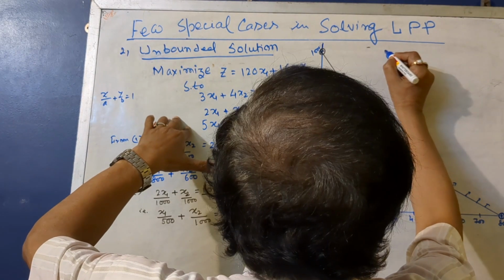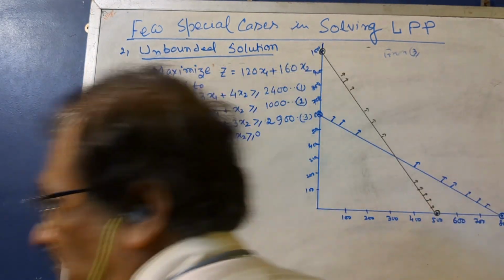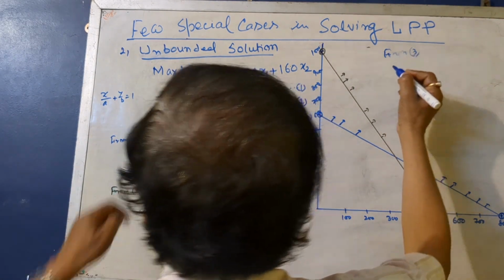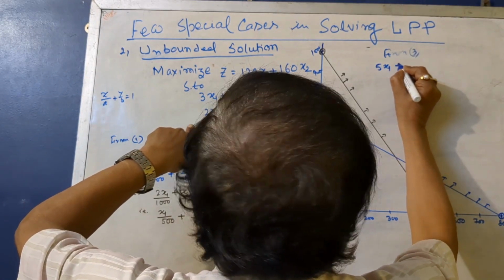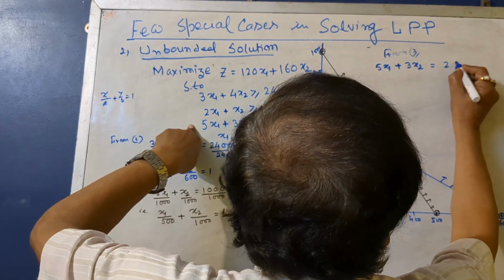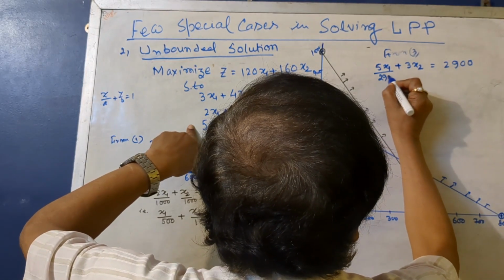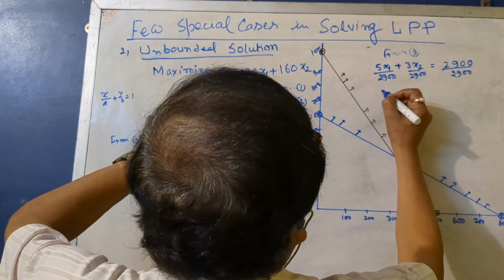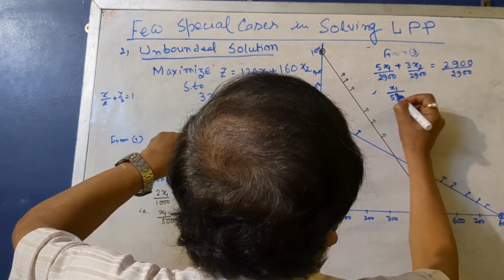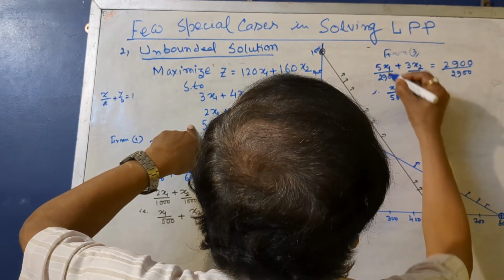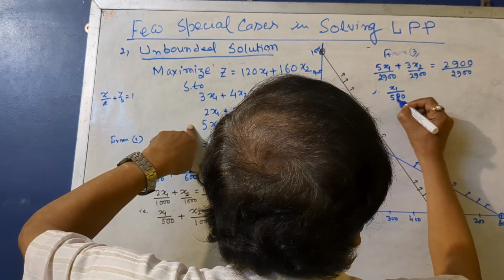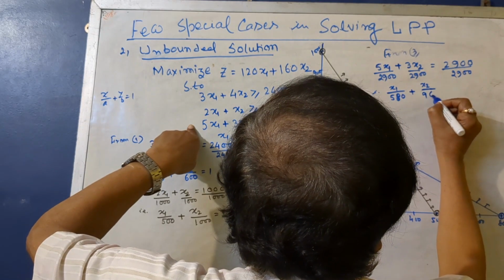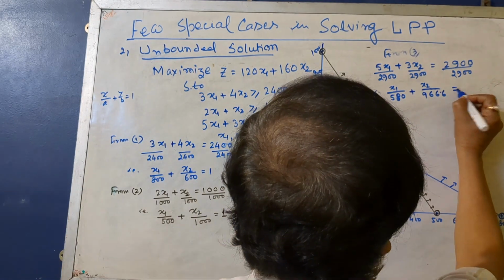From 3, the equation is 5x1 plus 3x2 is equal to 2900, divided by 2900 as you have done earlier. 2900 divided by 2900, that is x1 divided by roughly 580, plus x2 divided by roughly 966, is equal to 1.